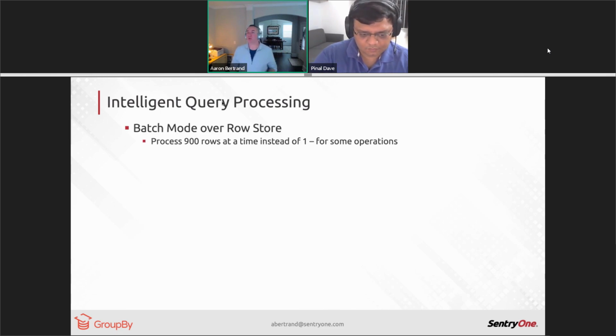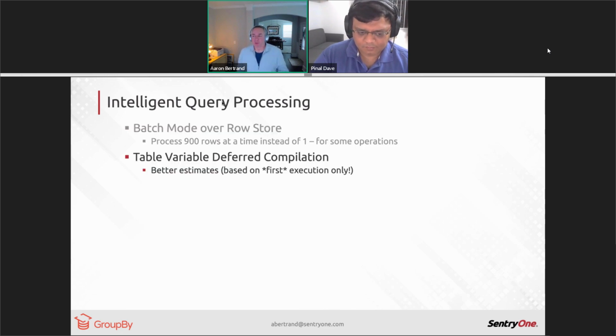The first thing was batch mode on row store. Basically, for certain operations that are typically done in serial and operate on one row at a time, these will be able to process 900 rows at a time instead. We're already enjoying that benefit with batch mode when you have column store, but now you'll be able to do that on row store tables as well.